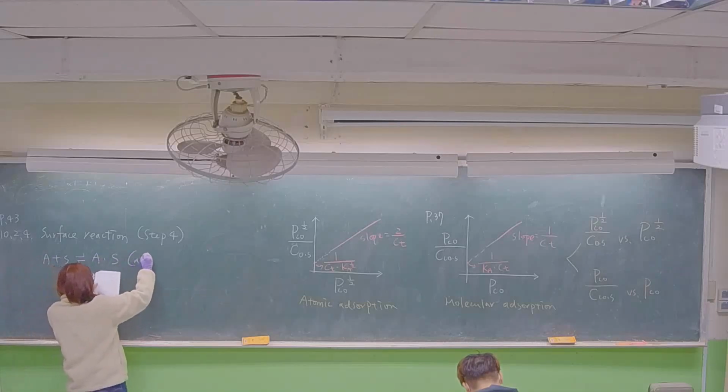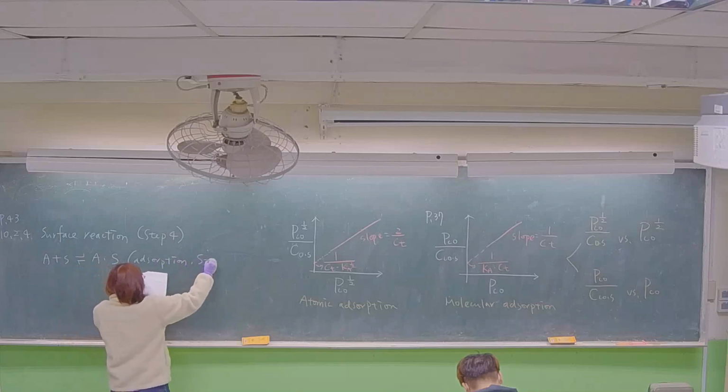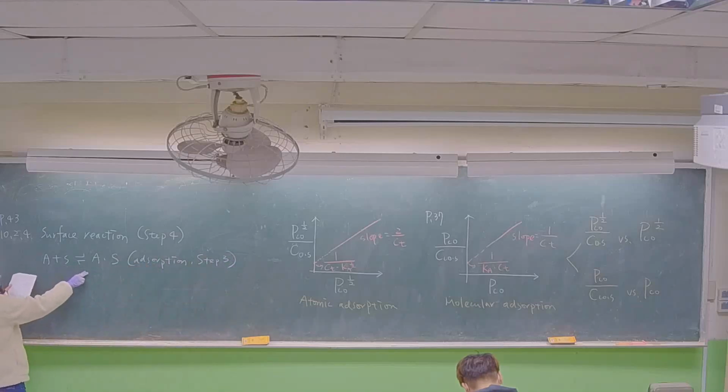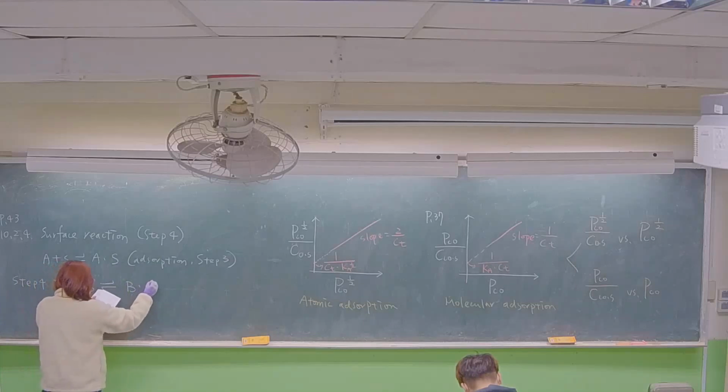This one is adsorption, step 3. Now for surface reaction, CS becomes BS.